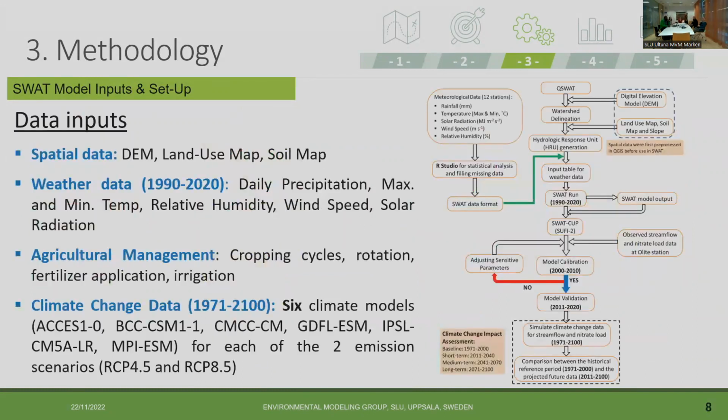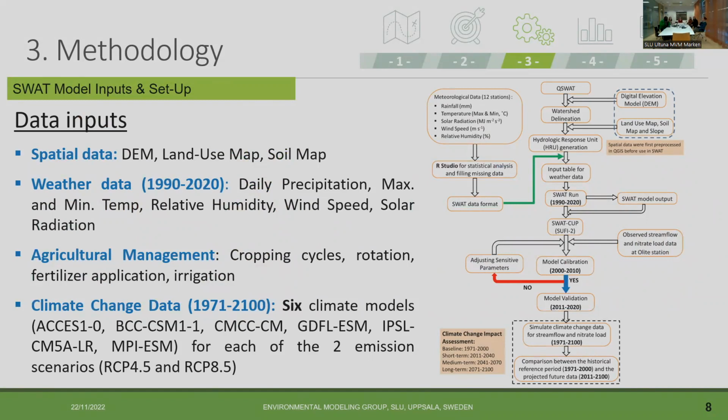So in terms of the main inputs, we have the spatial data, the ones I've shown: the DEM, the land use, and the soil map. And then we have the weather data. I used daily climate data from 1990 to 2000, but the simulation I did from 2000 to 2020.